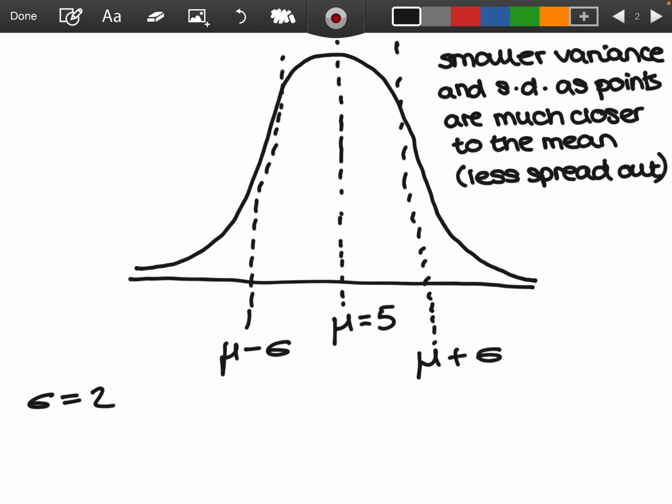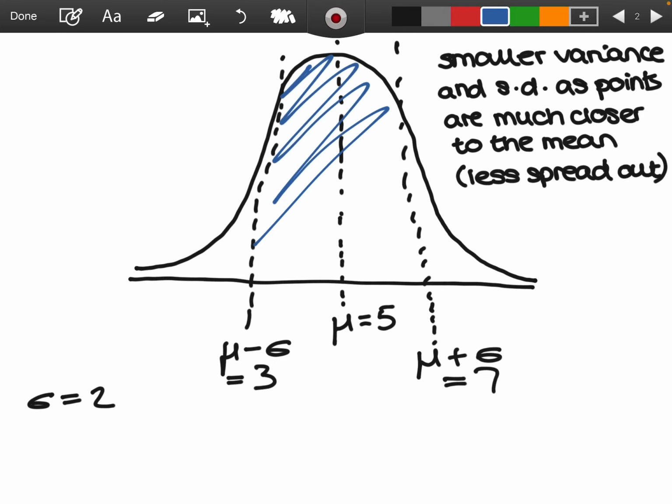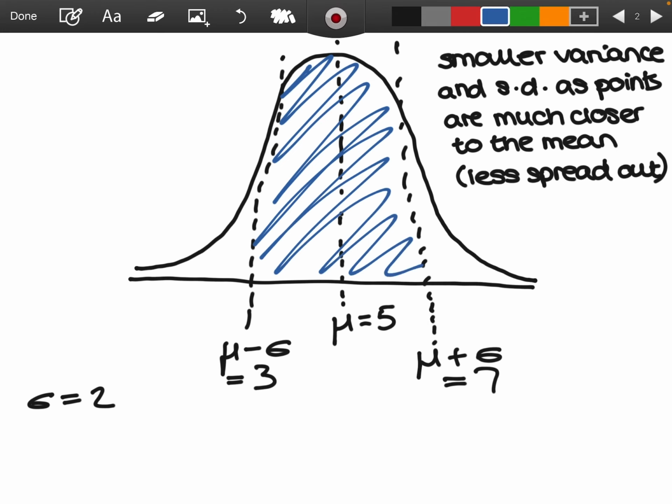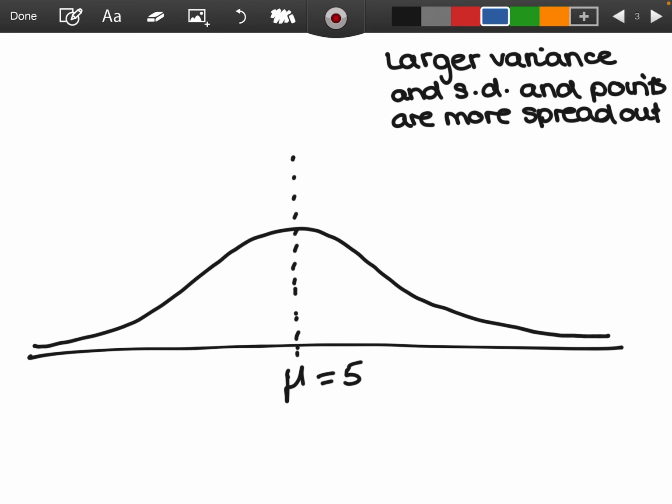If I take one standard deviation either side of the mean, so I'm going down to 3 and up to 7 if your standard deviation was 2, I should find for one of these curves that roughly 2/3 of my data points land within one standard deviation of the mean. So if I go one standard deviation below and one standard deviation above, I should find that roughly 2/3 of my data points land in there.